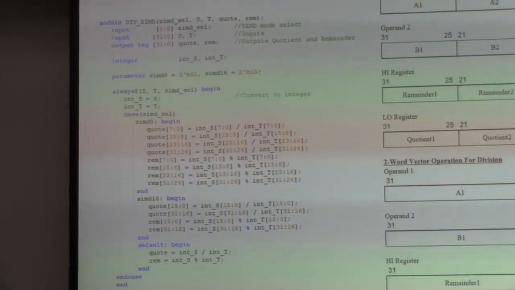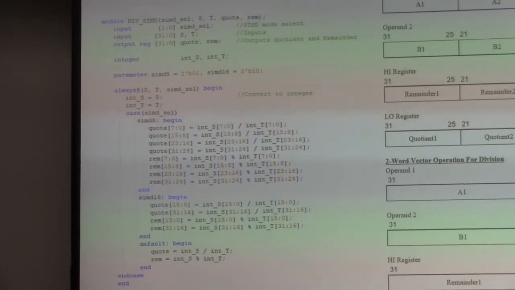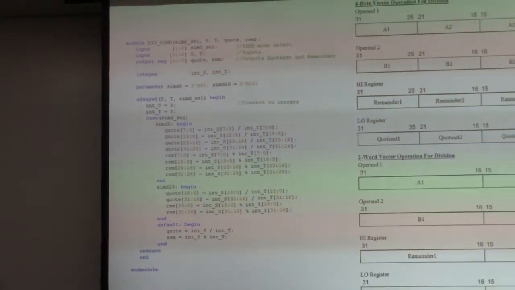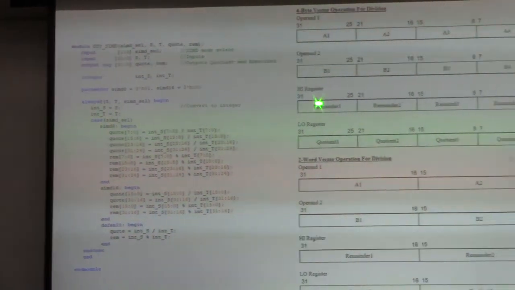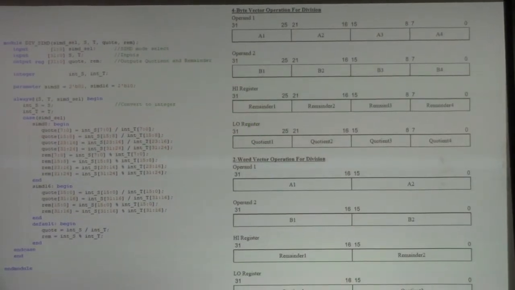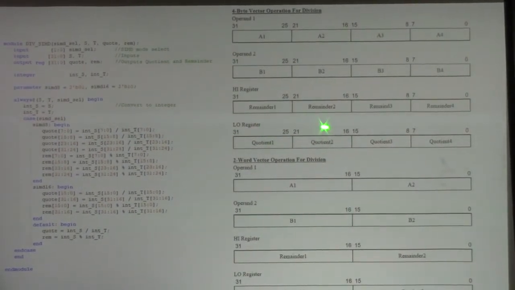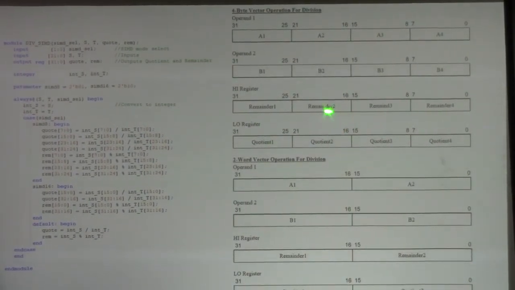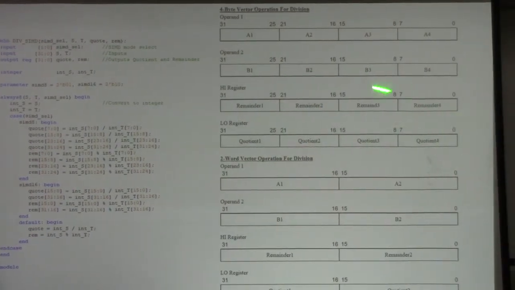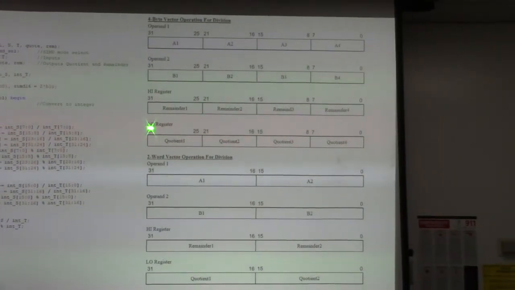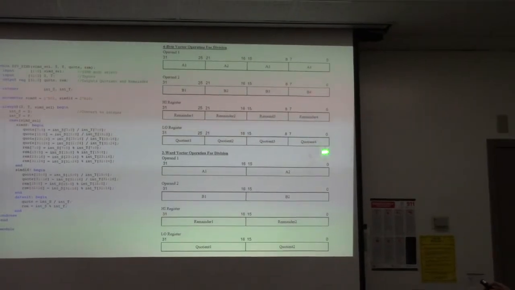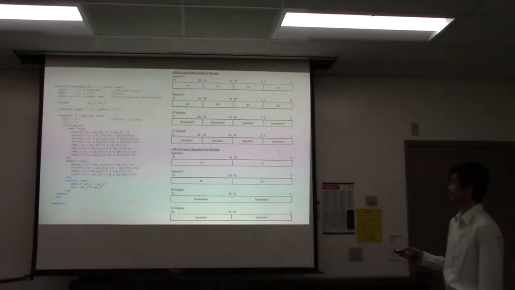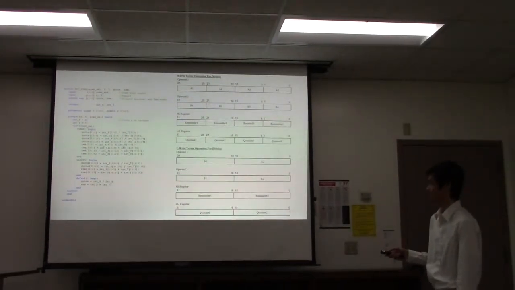The difference between division and the other instructions is we still use the high and low registers. For the high, we have each of the remainders in this specific register, and for low, it takes in all the quotients of the vectors, which is the same for 16 and 8.